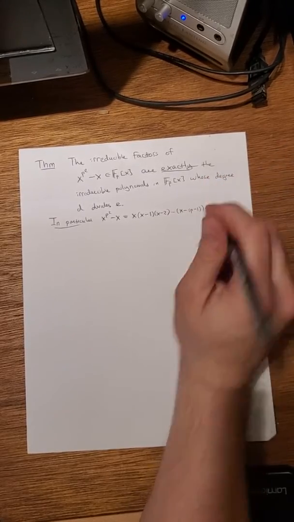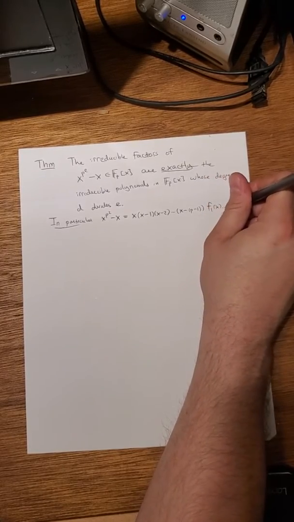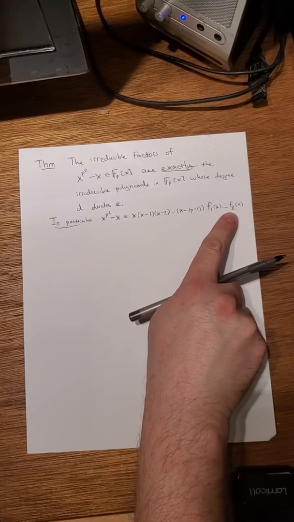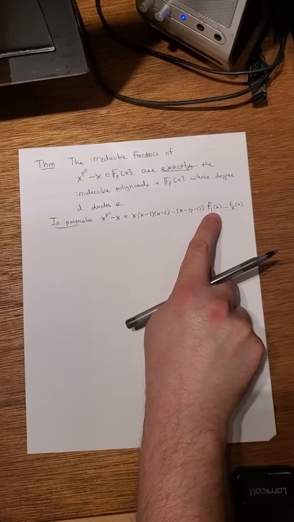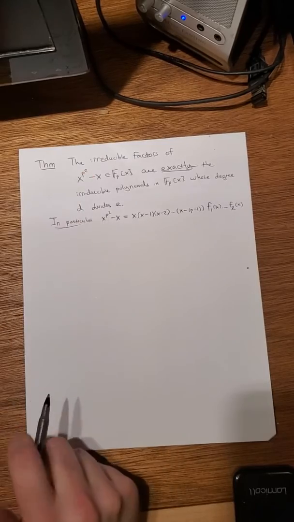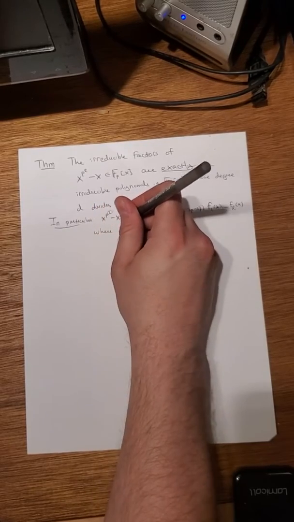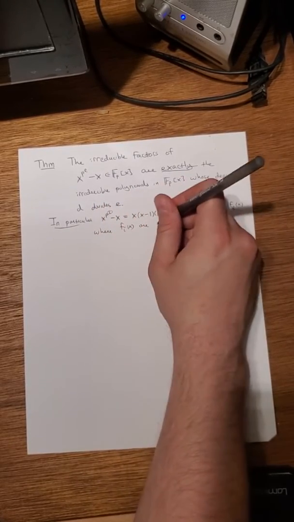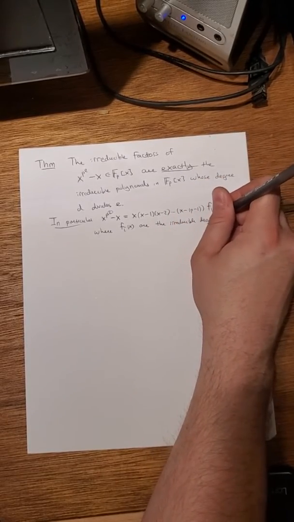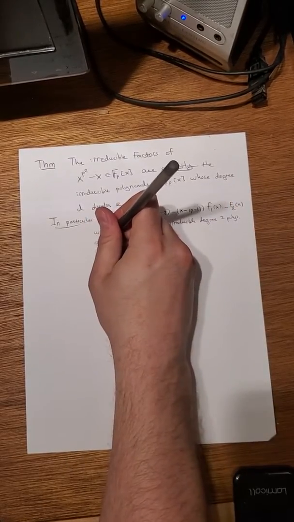And then we're going to have a bunch of quadratic factors, because the degree of each one of these has to divide 2, because that's my e here. Where the f_i of x are the irreducible degree 2 polynomials over Fp.